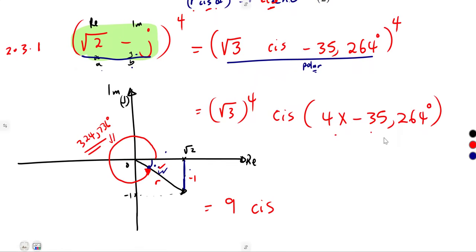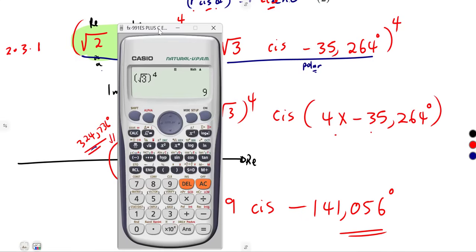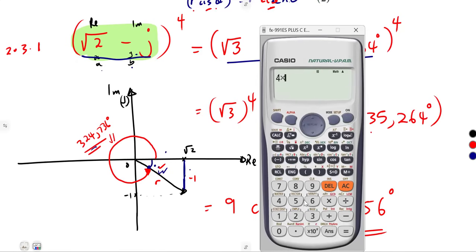If we multiply these two, that gives us negative 141.056 degrees. If you are using 324, this was going to be a different value. It was going to be 4 times 324.736. You write that one, and that will be your angle.